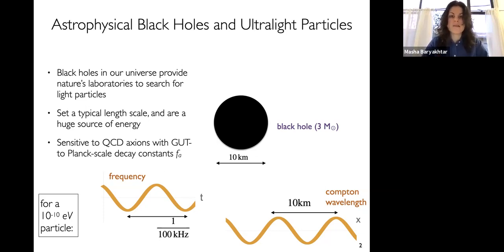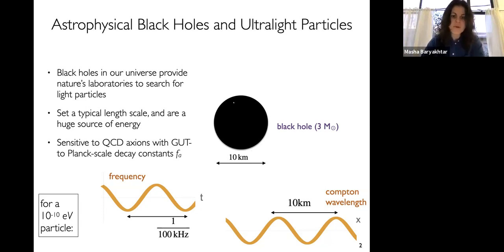What we'll be talking about is very light bosonic particles whose wavelength is of the order of the size of astrophysical black holes. And we'll see that black holes in our universe will provide basically laboratories to search for these light particles, which otherwise we might not be able to see in the laboratory on Earth.